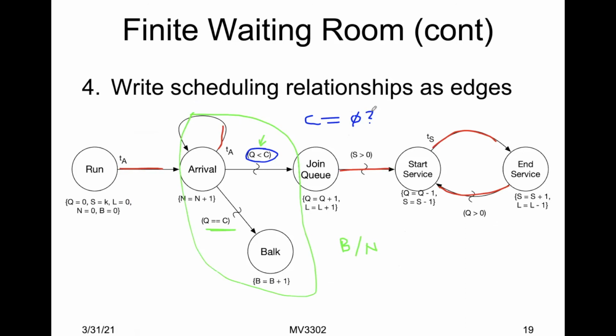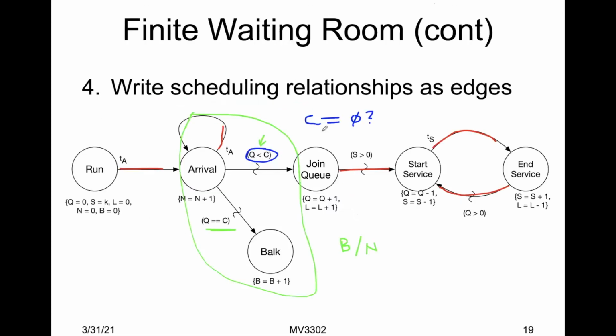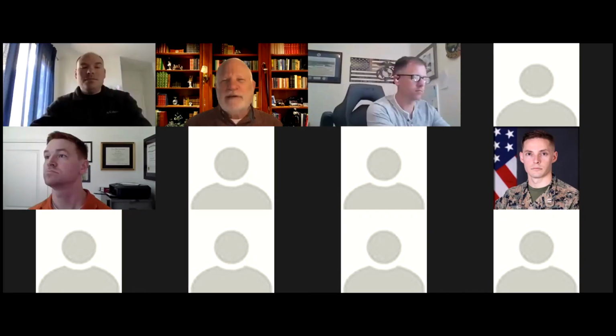You can ask your grandparents about this, but in the old days, before they had call waiting, if you made a phone call and the guy on the other end was on the phone, you just got a busy signal. There was no call waiting. That didn't exist. So this model would be a better representation of that. This model could be a representation of the way things work right now.